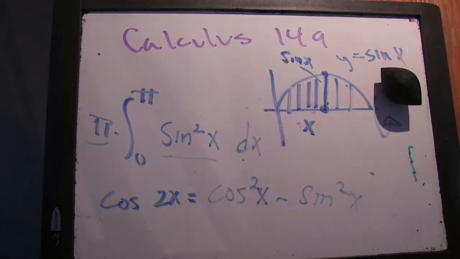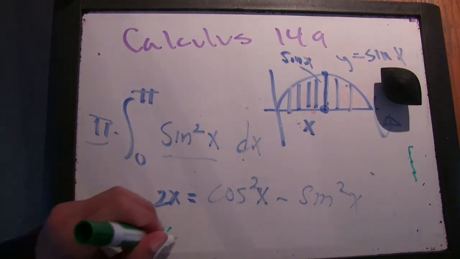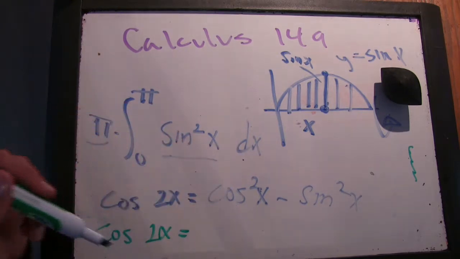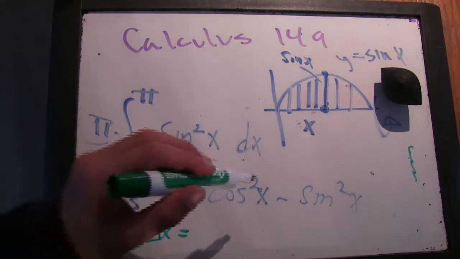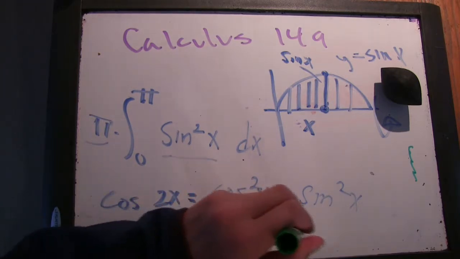Switch to the green marker. So what is sine squared x? Well, first of all, you have to translate this into only sine squareds. So cosine 2x: cosine squared x is 1 minus sine squared x, so it's 1 minus 2 sine squared x.